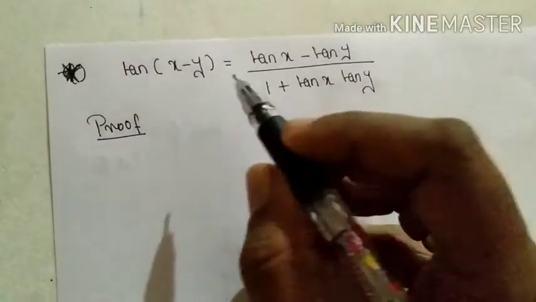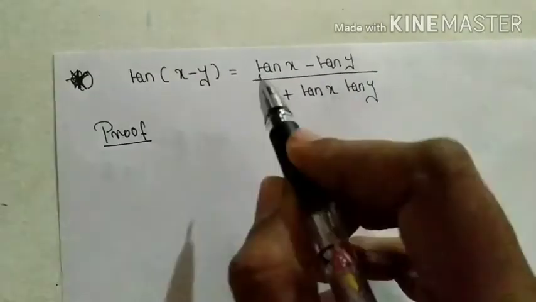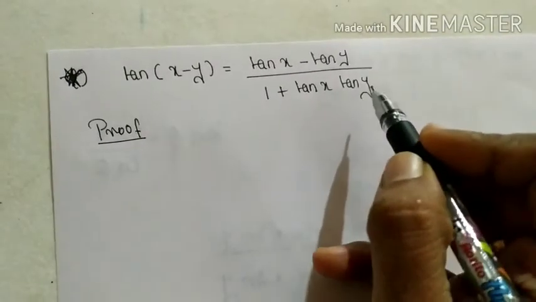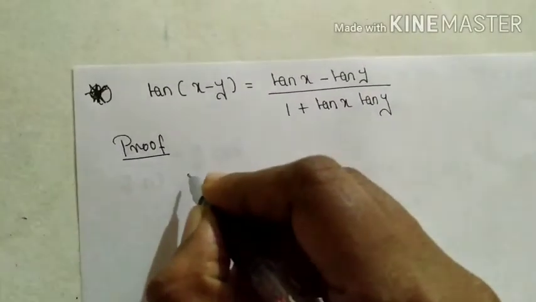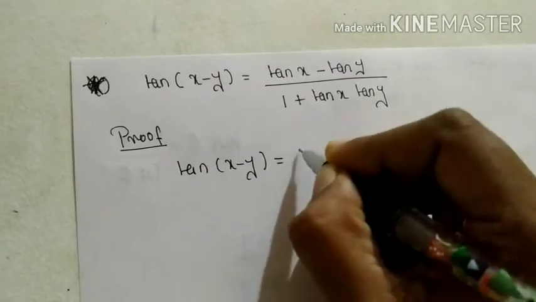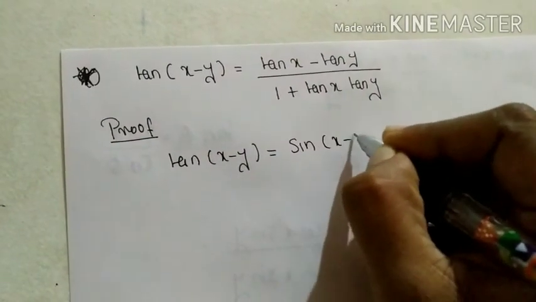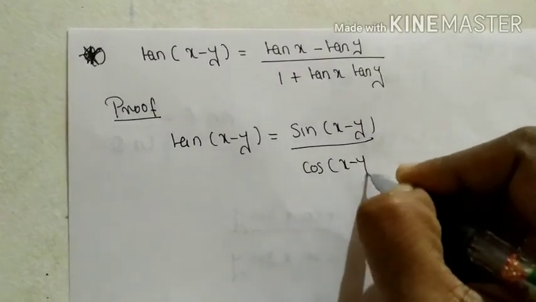Next identity is tan of x minus y is equal to tan x minus tan y divided by 1 plus tan x tan y. So let's start the proof of this identity. Here tan of x minus y can also be written as sin of x minus y divided by cos of x minus y.